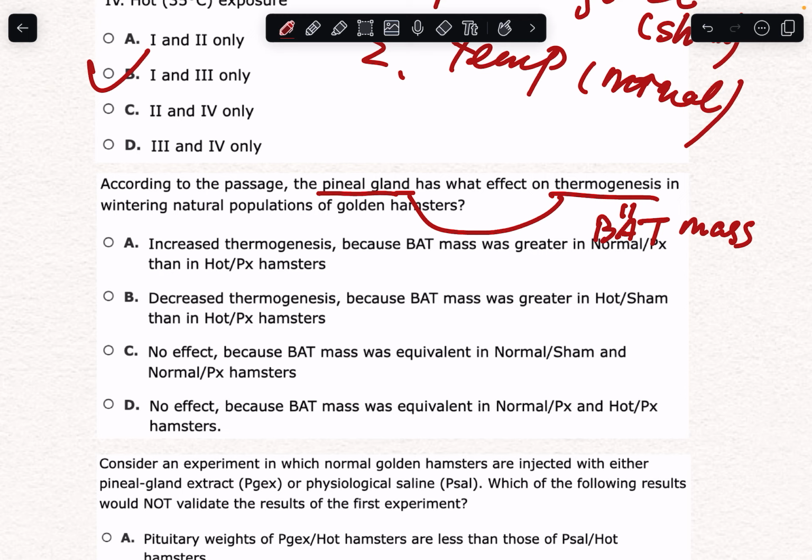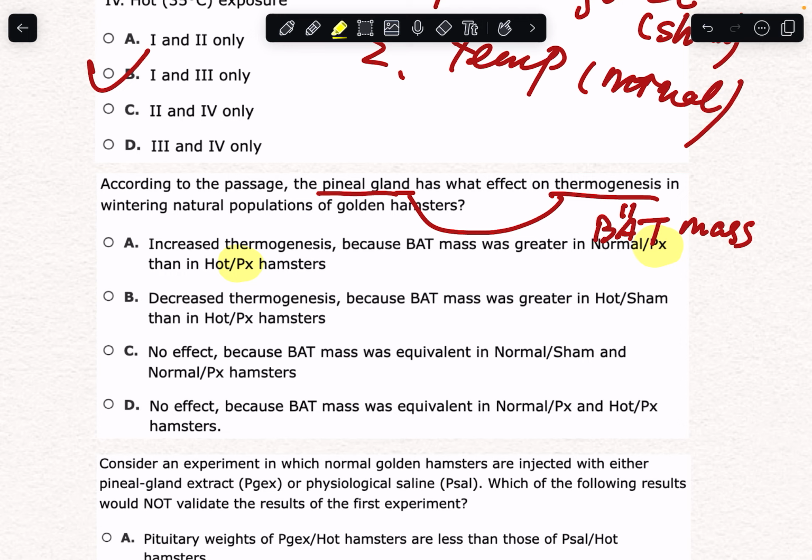Why? Because the 2 conditions answer choice A give me, PX treatment, the 2 treatments both under PX condition. Then how am I gonna tell if pineal gland does affect thermogenesis or not, right? You're basically comparing in this choice A, what this BAT mass was greater in normal PX than in hot PX hamster is telling me how the temperature has an effect on BAT mass in rodents, right?